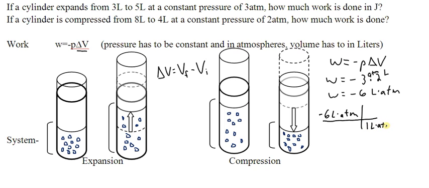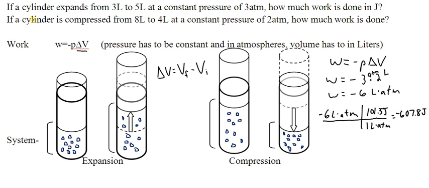For every 1 liter atmosphere, there are 101.3 joules. And so we're looking at 6 times 101.3, which puts us at 607.8 joules. And that's a negative 607.8 joules.